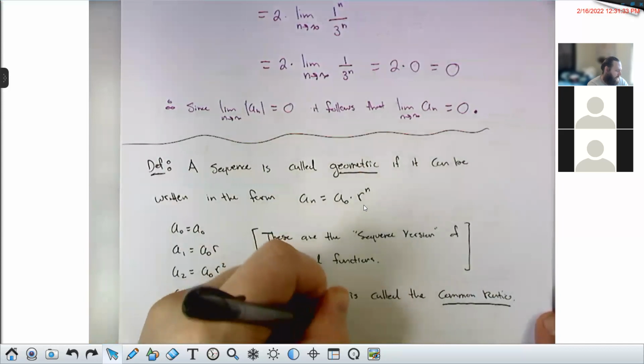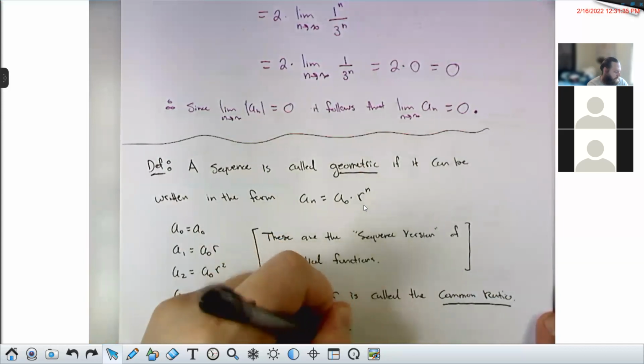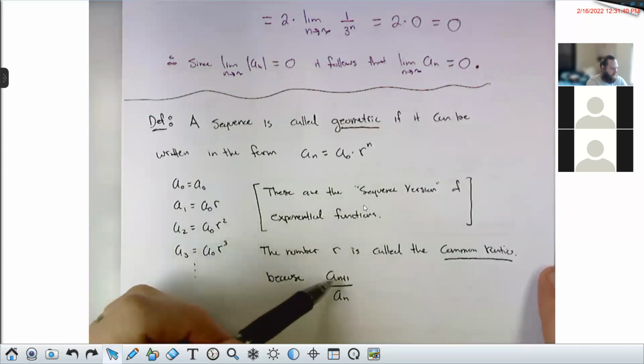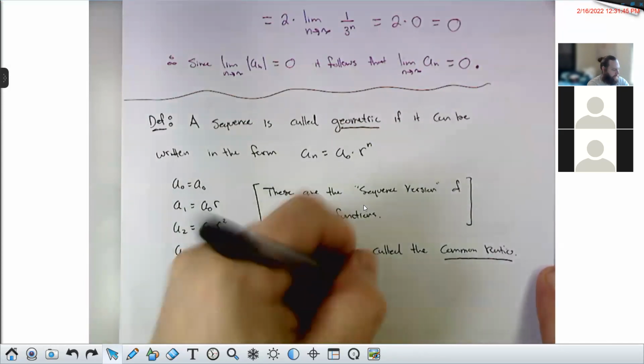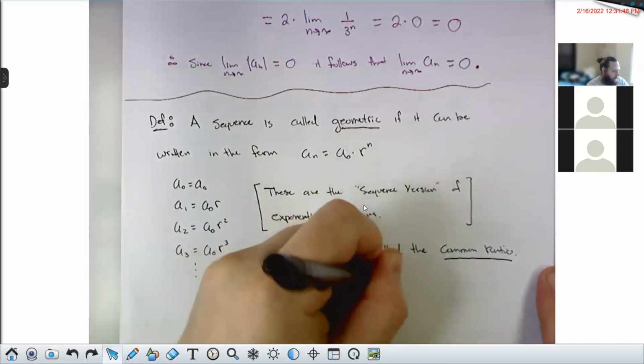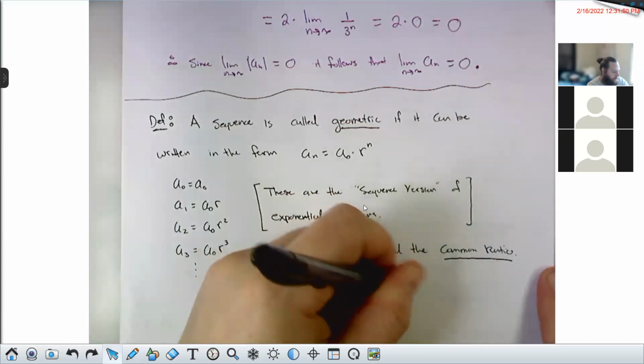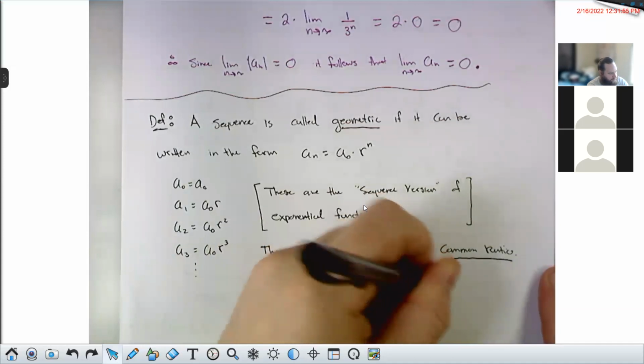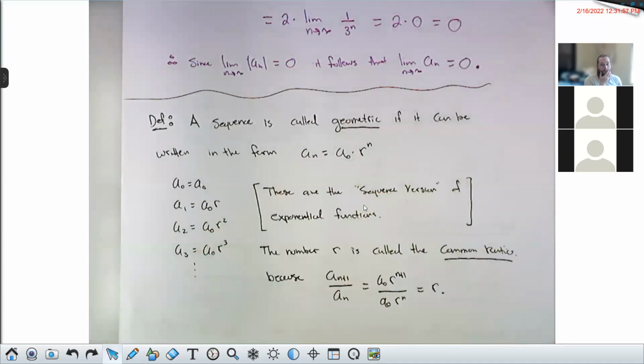So if you take a_(n+1) and divide by a_n, if you take a given term and divide the next term by that, this would be a0 r to the n plus 1 divided by a0 r to the n. Cancel the a0s, you will just get r. So we call it the common ratio because if you form a ratio of two consecutive terms, it'll always give you that number.